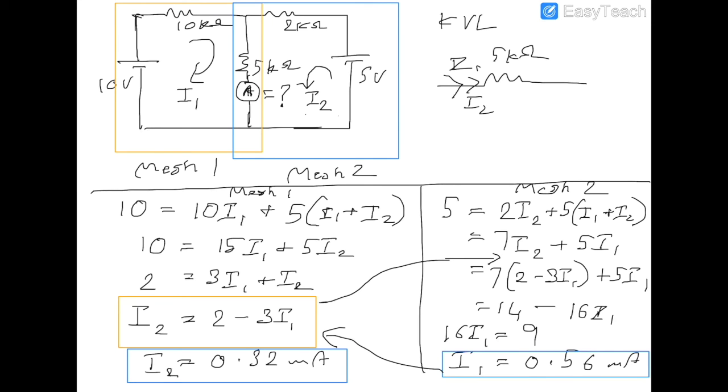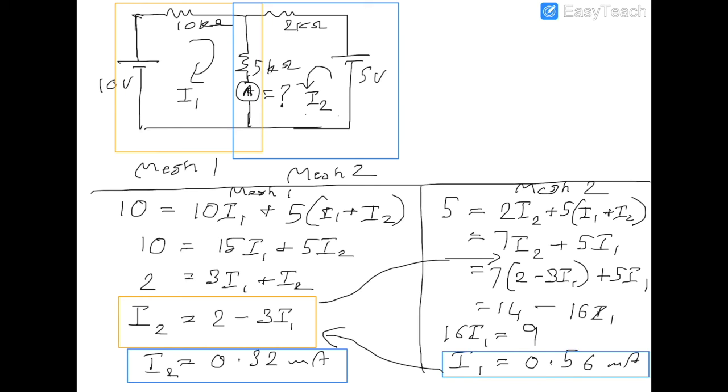Sorry, this is I2. So I got my values of I1 and I2. I'm gonna erase this. I'm gonna use this space here. All right, so let's find our final answer.